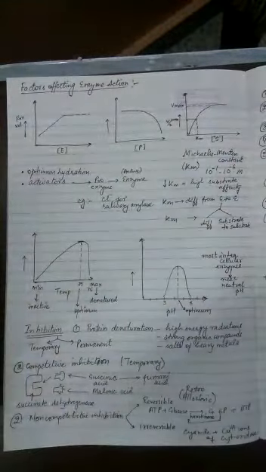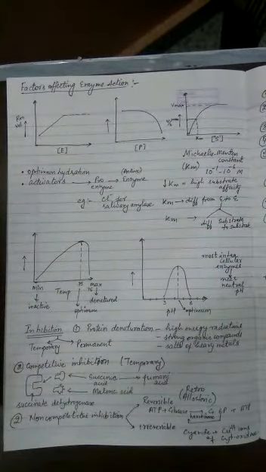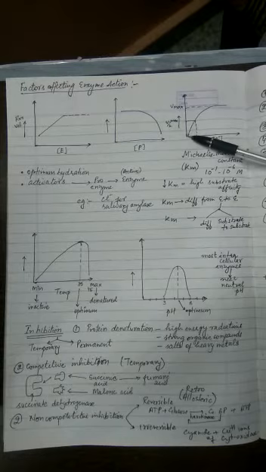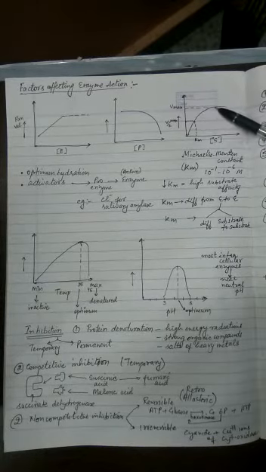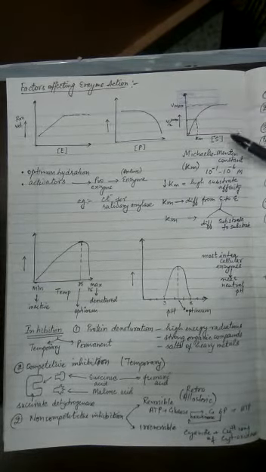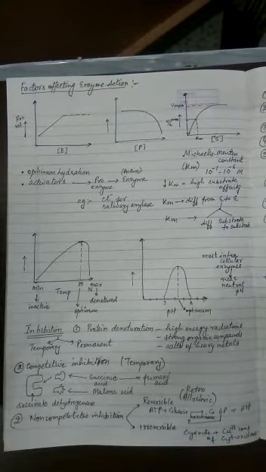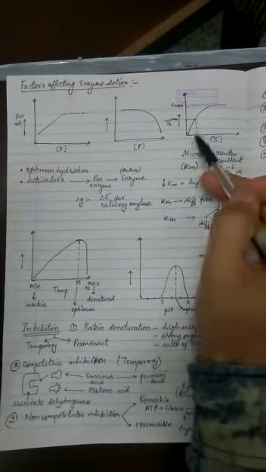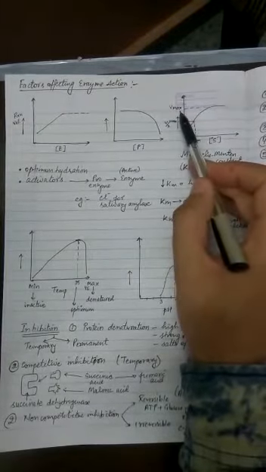Now the next one: if the concentration of the substrate is increased, you will find there will be an increase followed by again a constant line. Now this is a topic explained in great detail in NCERT. Now the main thing is the maximum velocity.